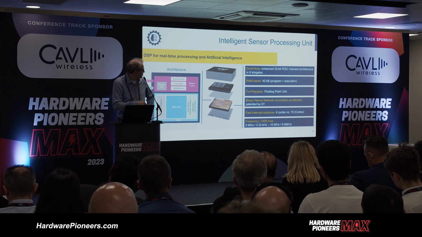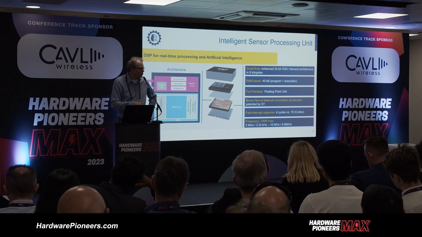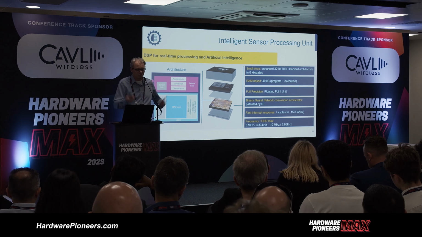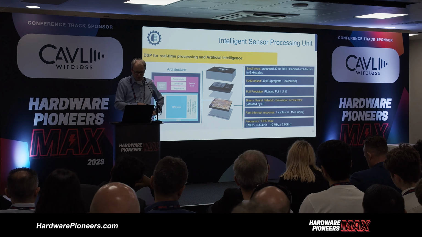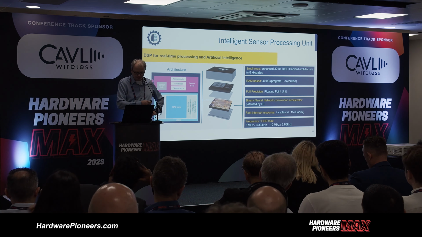And to enable this, we have the floating point units, and then this kind of BNN convolution accelerator inside of the component to make these calculations faster. Also, we can wake up the 4 different interrupts a bit faster than traditional microcontrollers.